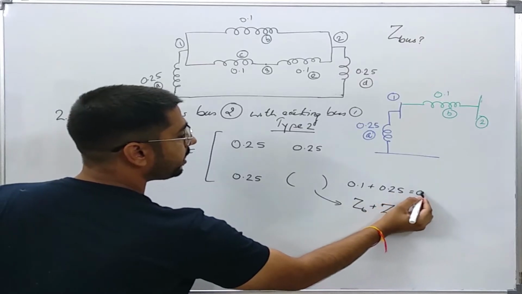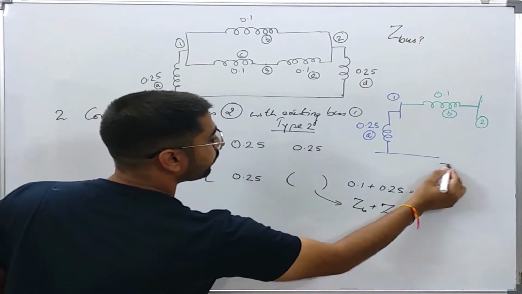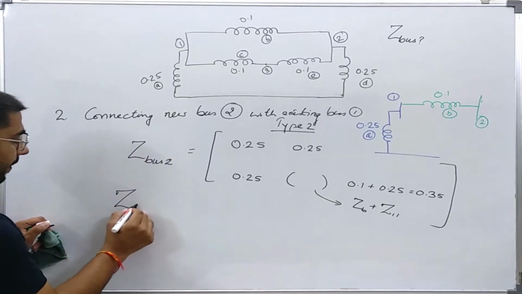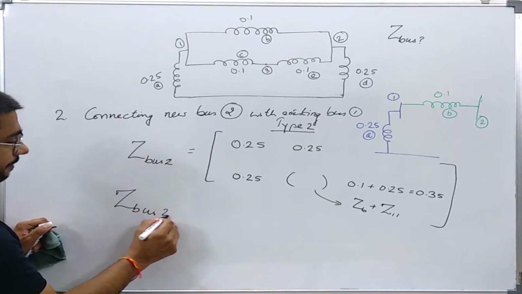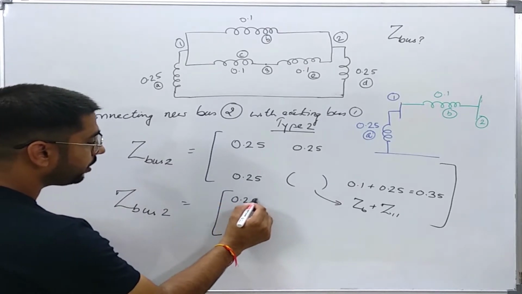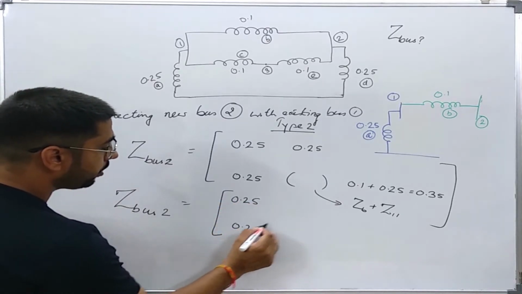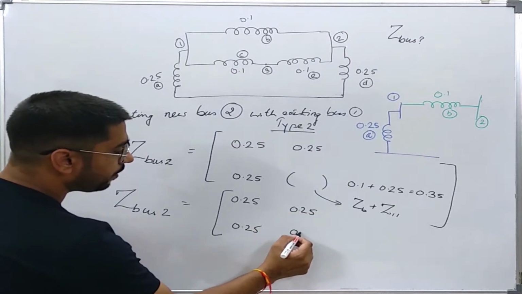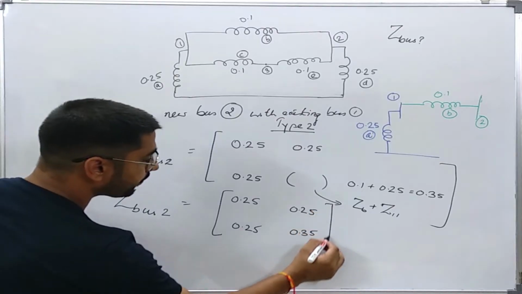So it is 0.35. So the bus impedance matrix for step 2 is 0.25, 0.25, 0.25, and the new element being added, 0.35.